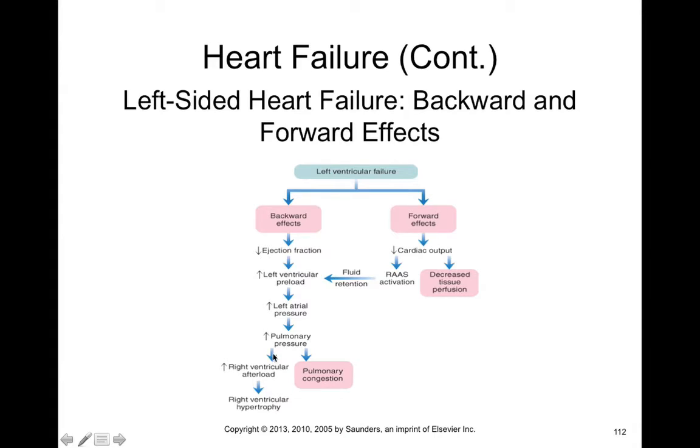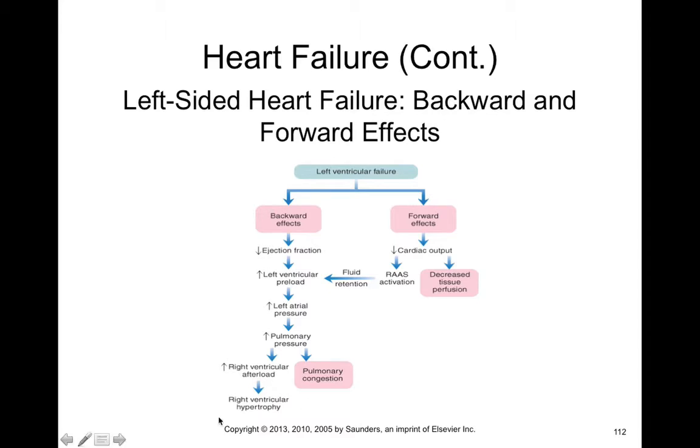Now, what this can also affect, surprisingly, is the right side of the heart. And it makes sense if you think about it, because the right side of the heart pumps blood to the lungs, but if the left side of the heart is not moving that blood along, and blood's backing up in the lungs, then this is going to put a lot of ventricular afterload on the right ventricle, which means the right ventricle has to work harder to pump blood to the lungs if blood's backing up there.